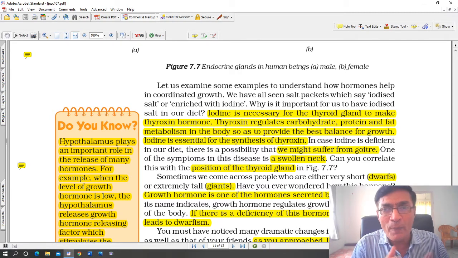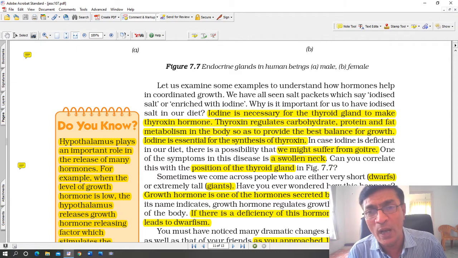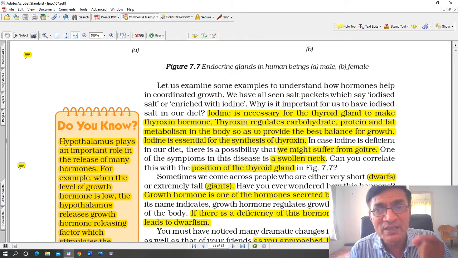बहुत सारे लोगों को पानी में आयोडीन नहीं मिलता है, खाने में आयोडीन नहीं होता है, तो उन लोगों को एक कंडीशन आ जाता है, जो मेडिकल कंडीशन, उसको गोइटर बोलते हैं. Goiter is a condition caused due to the lack of iodine in the salt or in the water or in the food.